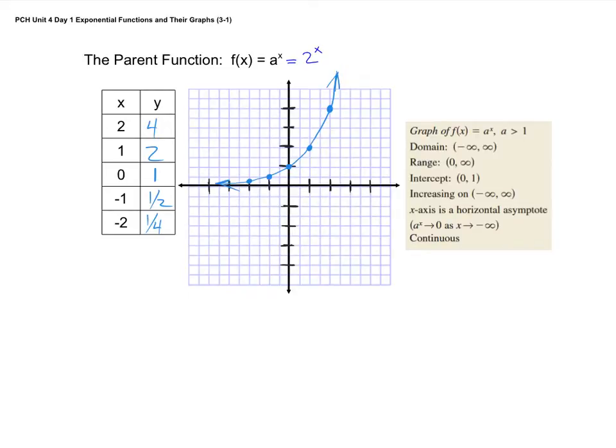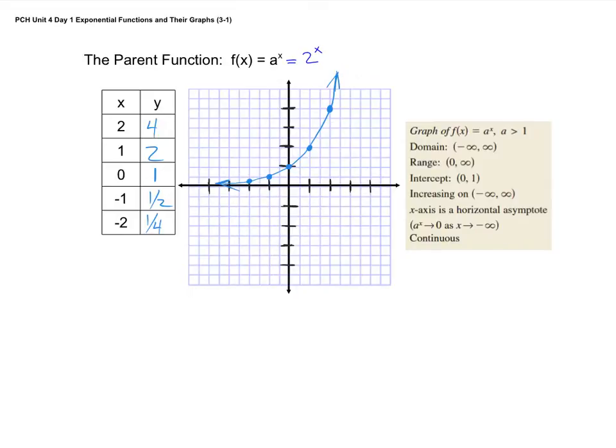First of all, notice that our domain is all real numbers. Our range is y is greater than 0. You'll notice here it says the intercept is (0, 1), and over here it's (0, 1) really no matter what a equals.